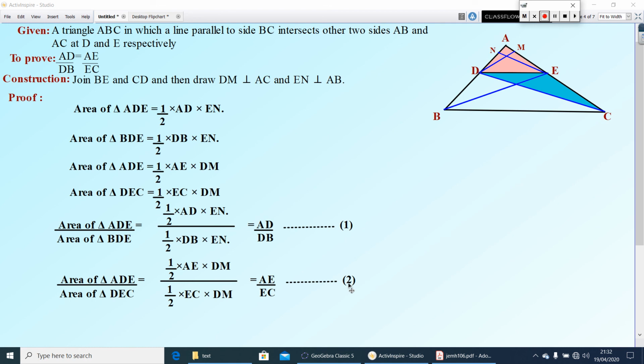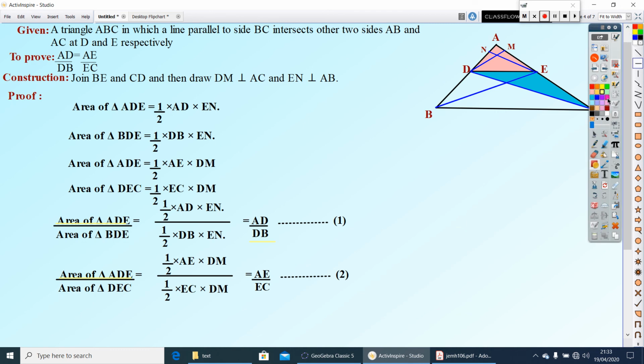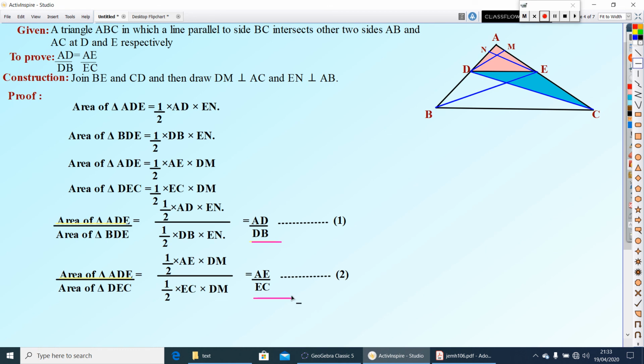Now look at equation 1 and equation 2. Both the numerators of the LHS, that is area of ADE and area of ADE, are the same. Now look at the RHS. Here we have AD by DB and AE by EC.